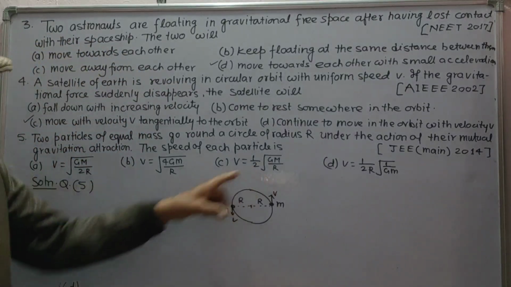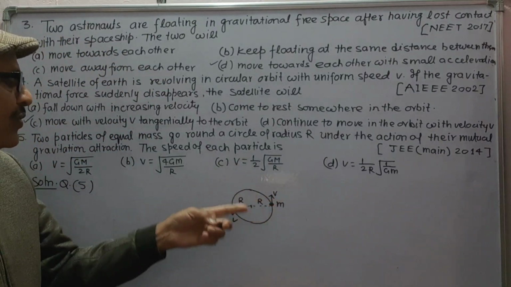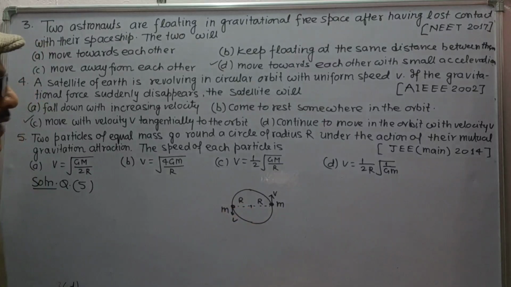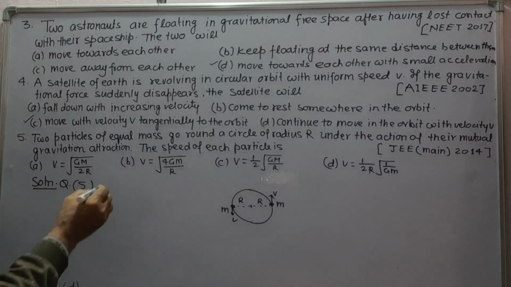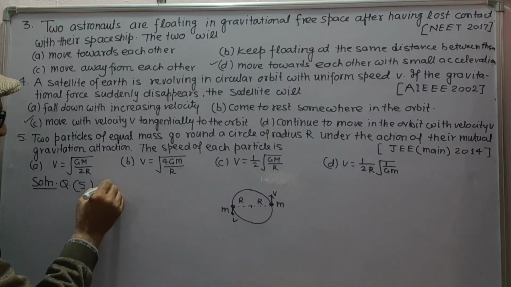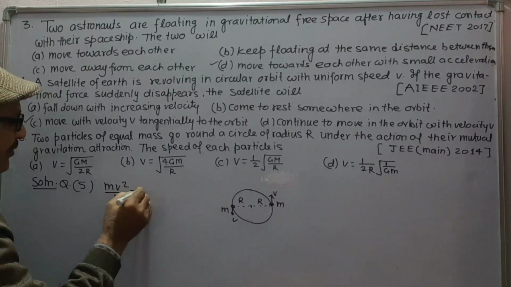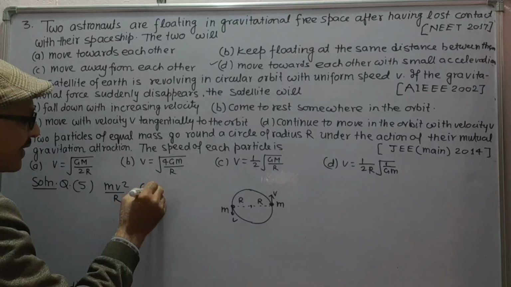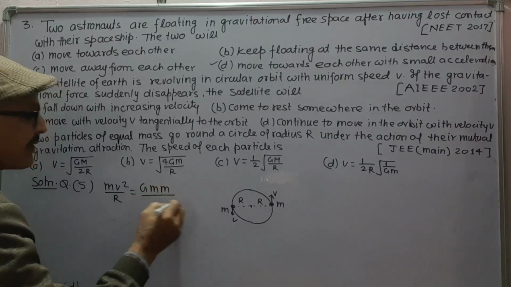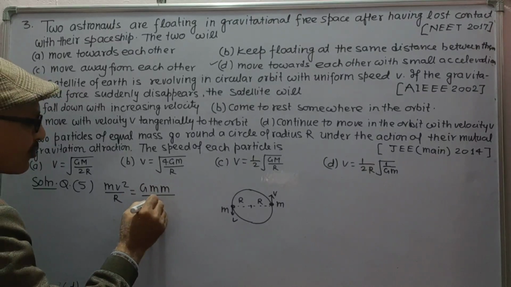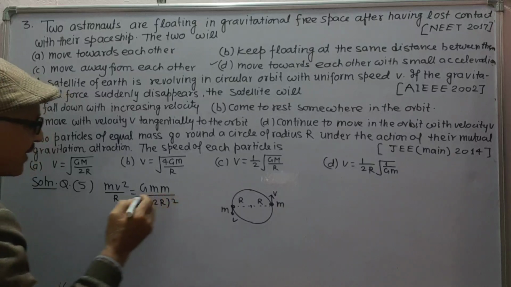So, the gravitational force of attraction between these two particles will provide necessary centripetal force. So, centripetal force m v square upon r will be equal to G m square upon distance square, means 2r square.